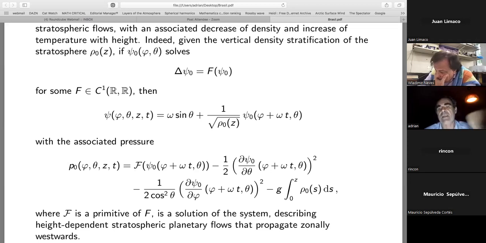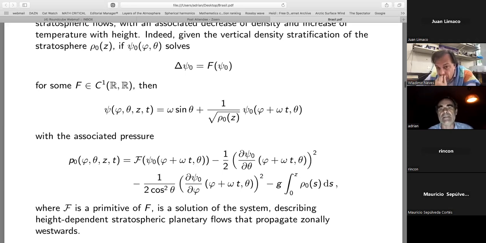So this is a trick to reduce the degree of difficulty, to solve an elliptic problem on a sphere, and from there to find physical solutions. And these will be height-dependent stratospheric planetary flow that propagates zonally westwards. This traveling wave travels at speed minus omega. The orientation is in the direction of rotation, so they travel westwards.